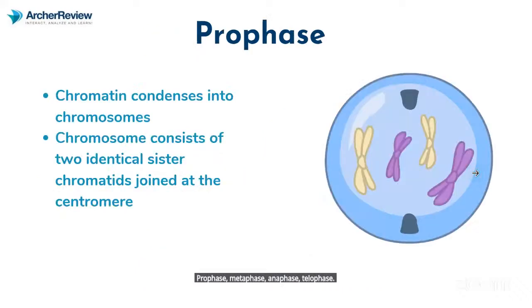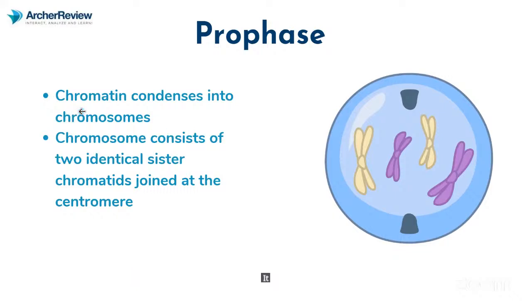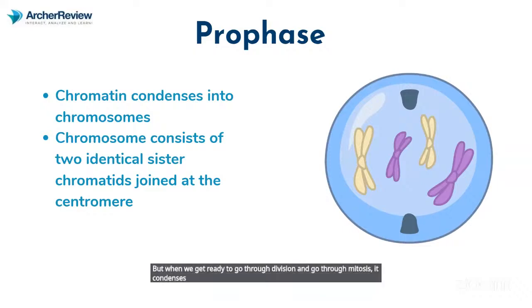So in prophase, our DNA is condensed into chromosomes. DNA, when it's hanging out in our nucleus, is referred to as chromatin. It's just kind of loosely hanging out, not all tightly wound. But when we get ready to go through division and go through mitosis, it condenses tightly into chromosomes.